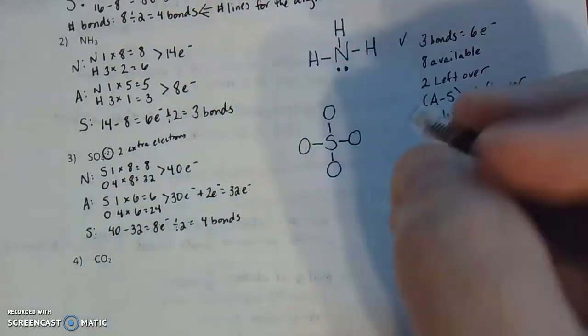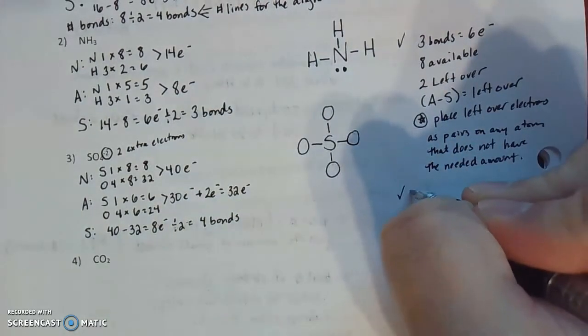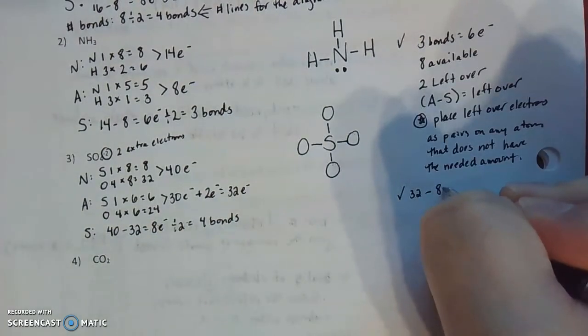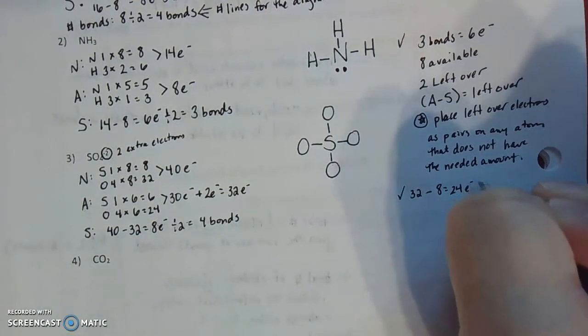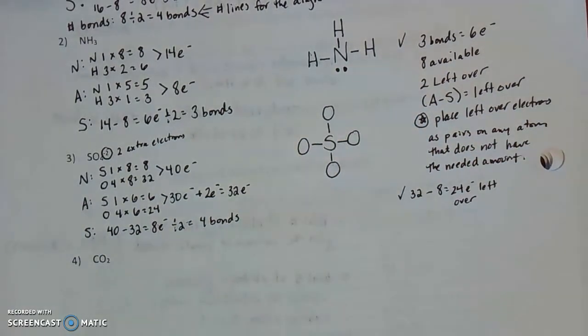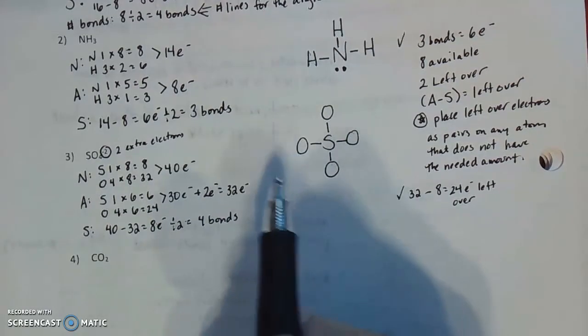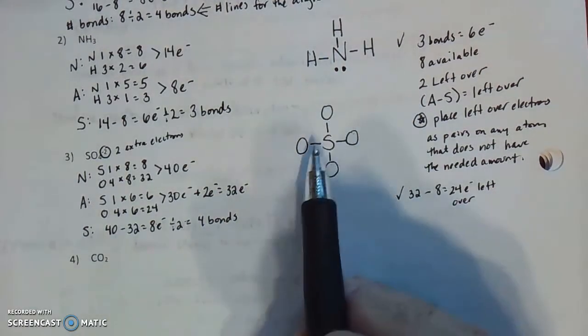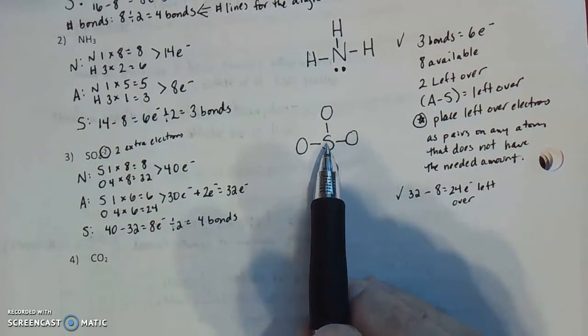We had 32 electrons minus the 8 that we used gives us 24 electrons left over. So we have to put 24 dots as 12 pairs of electrons in this diagram because we can't have any electrons left over. We used 8 of them with the bonds.